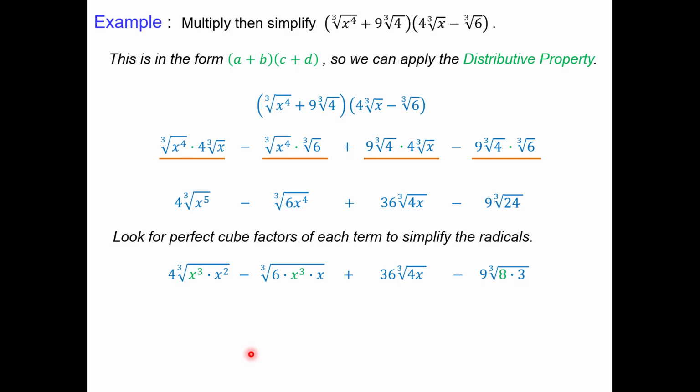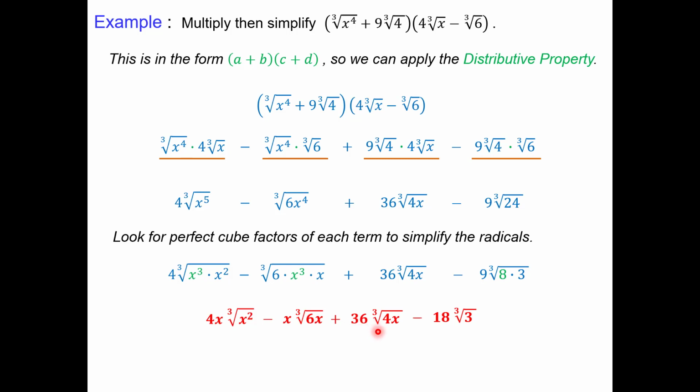Now we start simplifying. So cubed root of x cubed, the cube root undoes the cube, the 3rd power, and so the x just comes out right here. In the next term, the same thing happens. The cubed root undoes the 3rd power right here on x, so the x comes out.